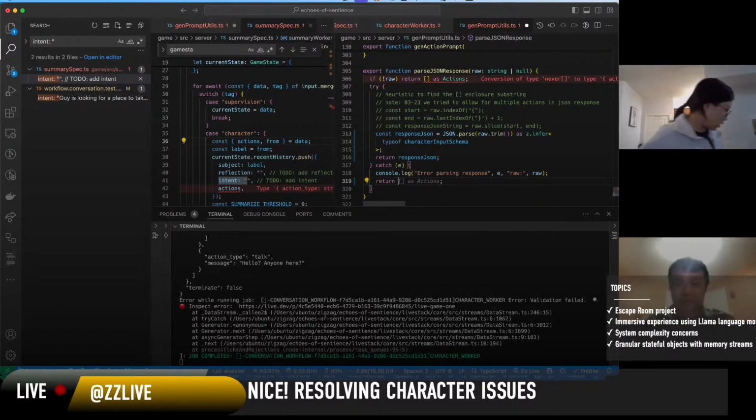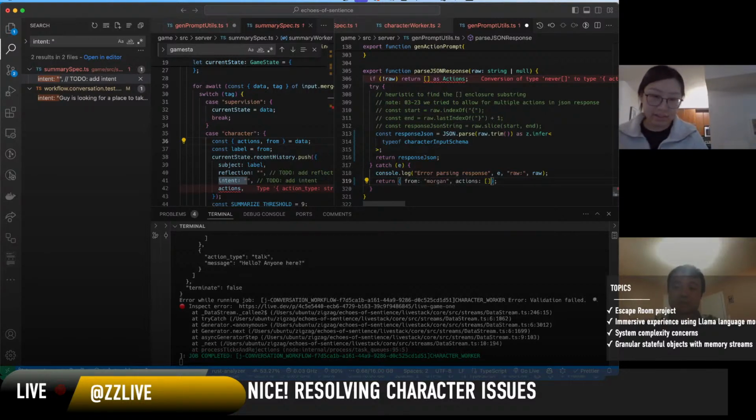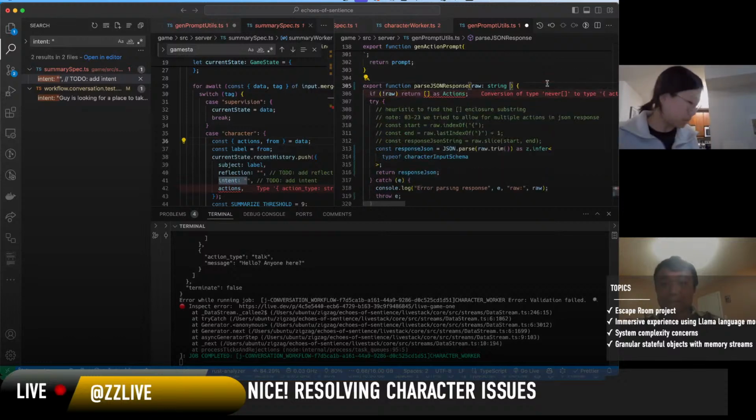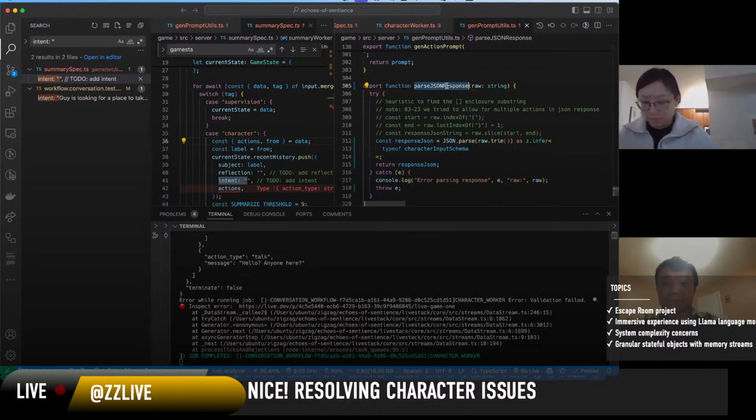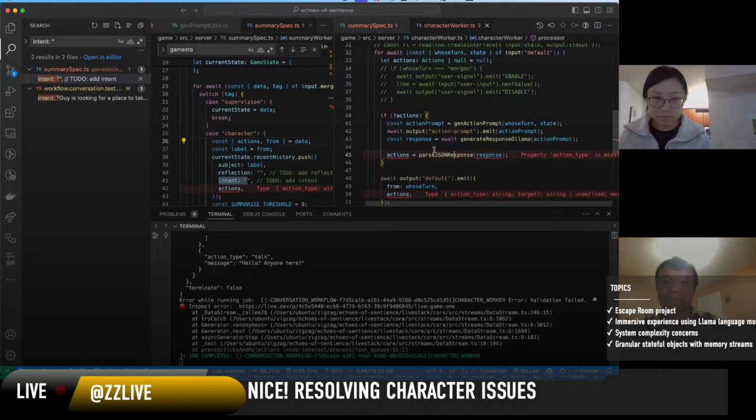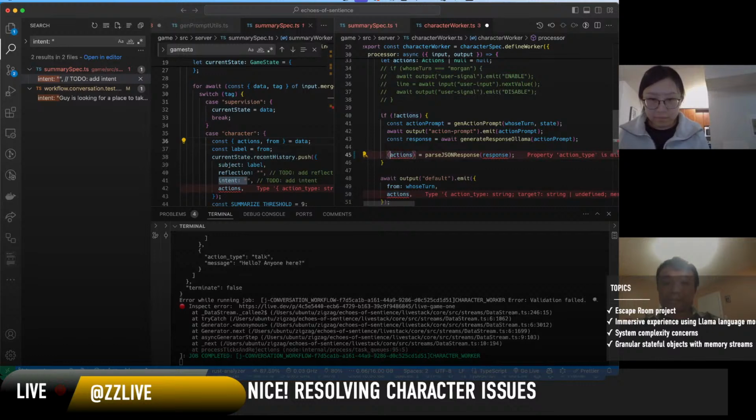Yeah. And then in case of error, what do we do? That's why the to-do. So we throw still. For sure. And then parse response JSON. Yeah, this doesn't exist. Parse JSON response.